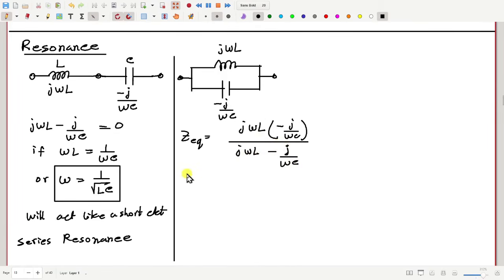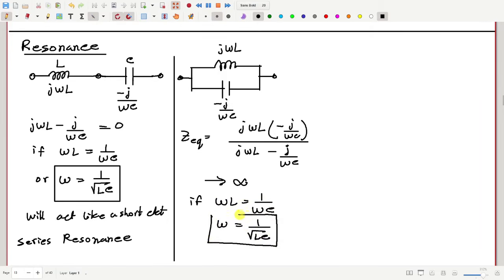So this will tend to infinity, if again omega L is equal to 1 by omega C, that means omega is equal to 1 by root LC. Then these two together will behave like an open circuit.